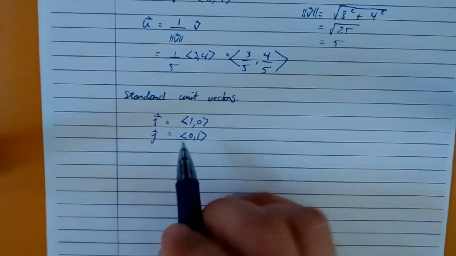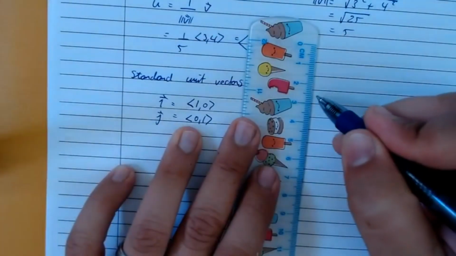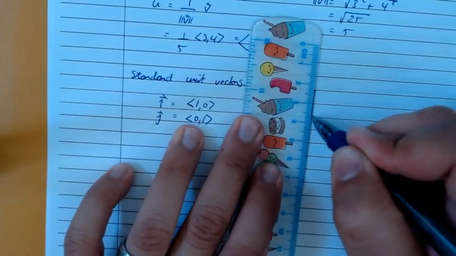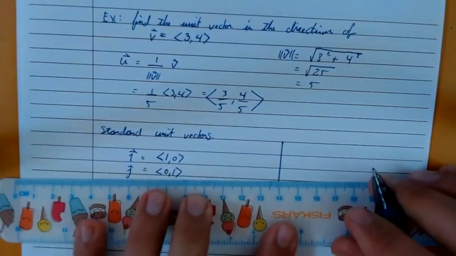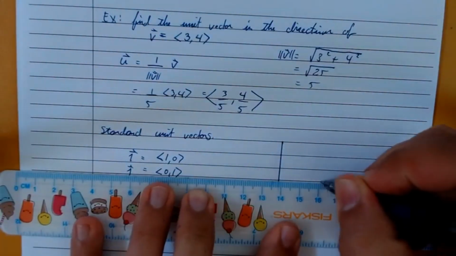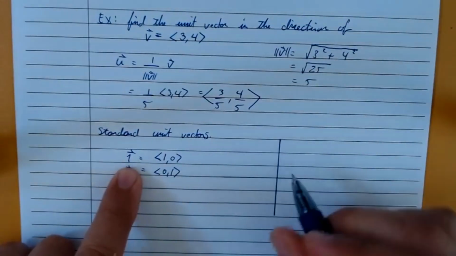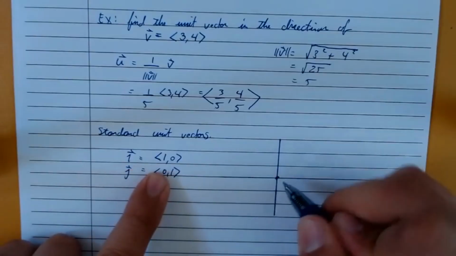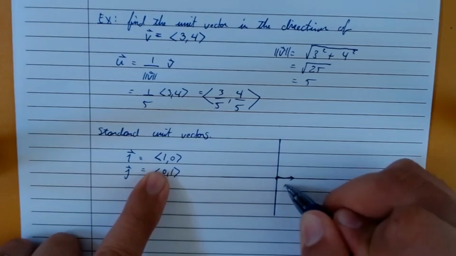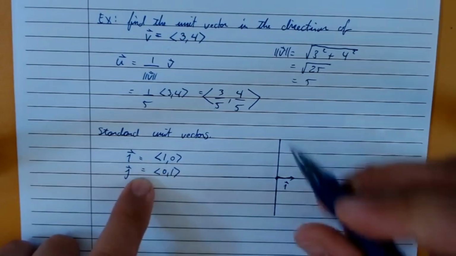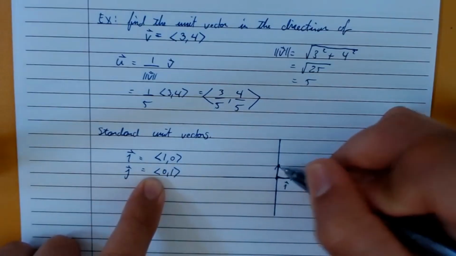These are vectors which line up along the x-axis and the y-axis respectively. So the vector i is simply the vector that, if it started at the origin, would go one step to the right. The vector j is the vector that, if it started at the origin, would go one step straight up.